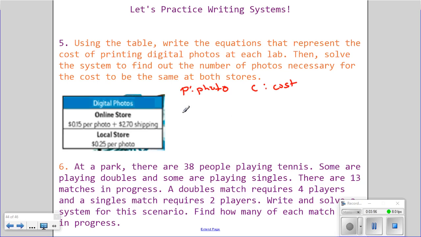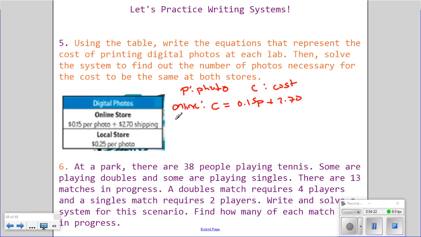So on the online store, the cost is equal to 0.15 times each photo plus $2.70 for shipping.